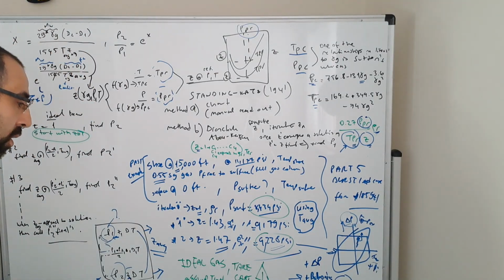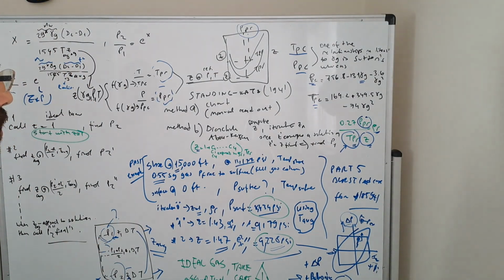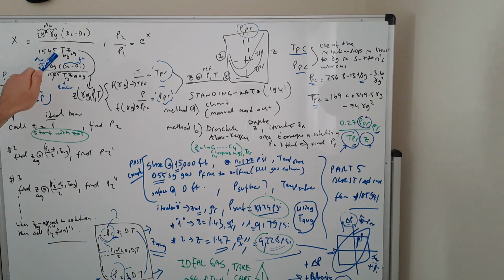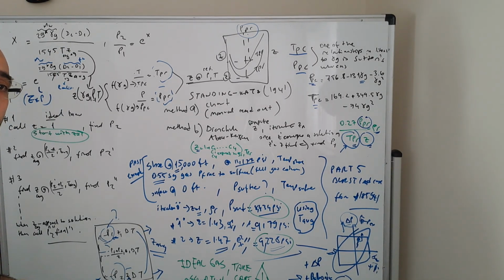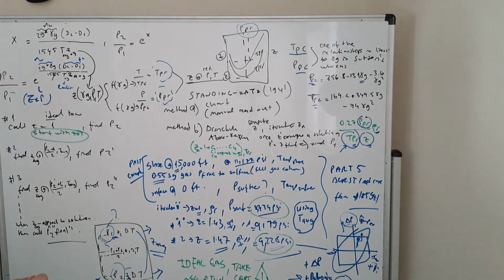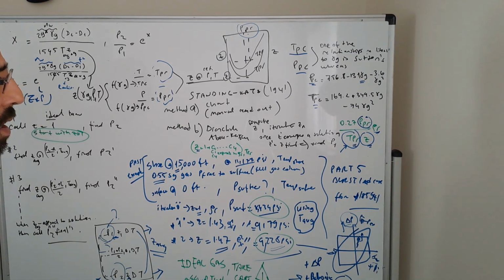So in this video, what I wanted to show is how to account for a compressibility factor, and we showed how we came up with the equation that we have used in that video.